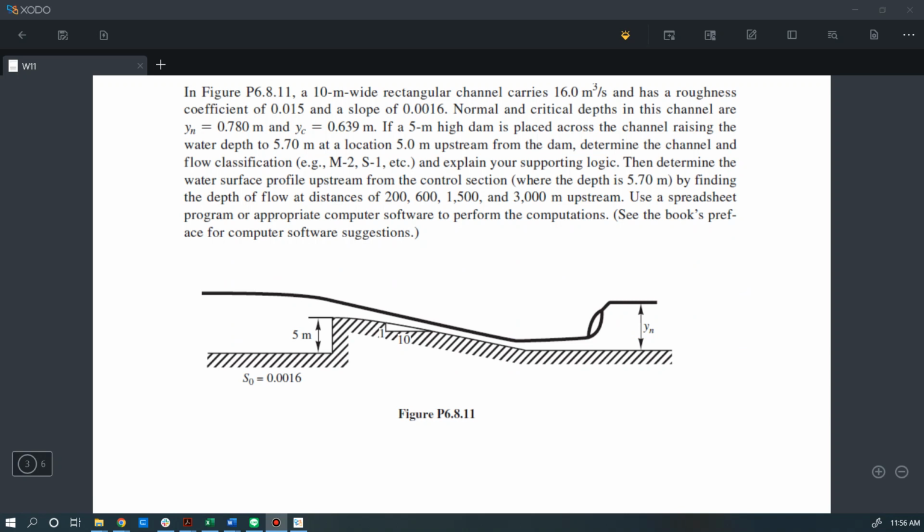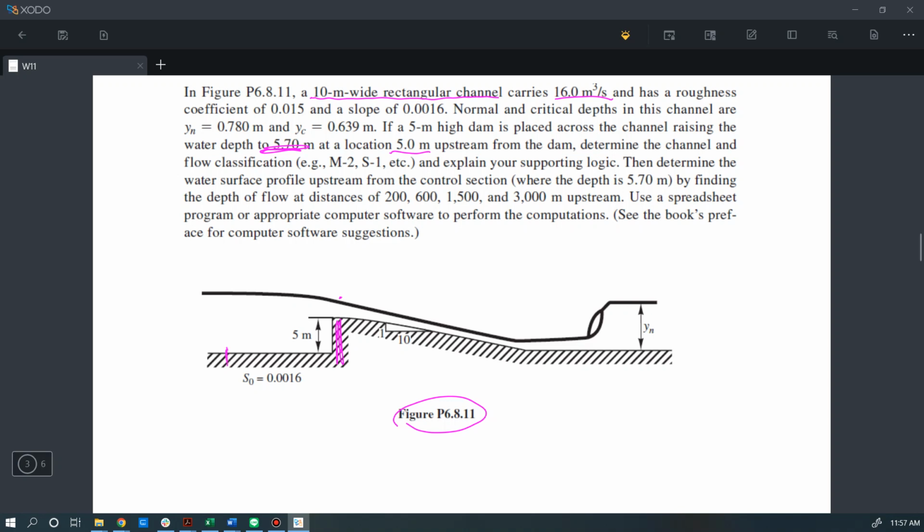Okay, so in this problem, we are given a 10-meter wide rectangular channel to carry this amount of water flow. In the diagram down here, we have the dam at this location to raise the water to 5.7 meter at the location 5 meter upstream from the dam.